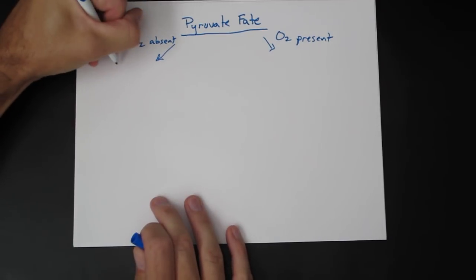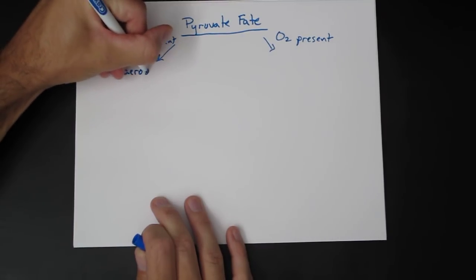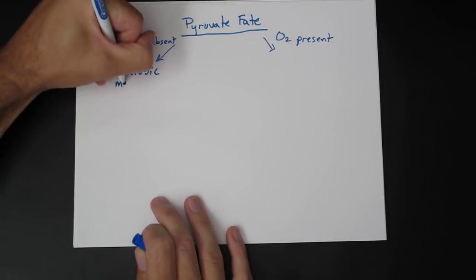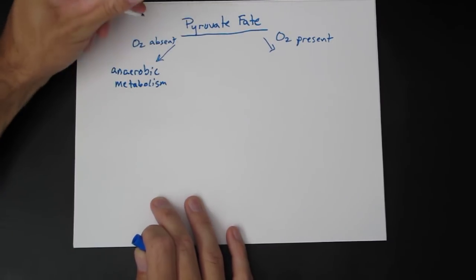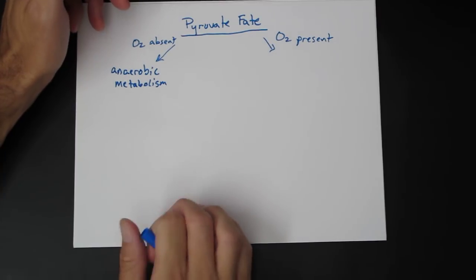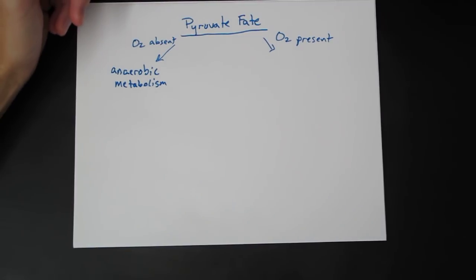All right? So if oxygen is absent, what is going to happen? Well, if oxygen is absent, we're going to enter what we call anaerobic metabolism. This is what happens when we're in trauma, when we're in heavy exercise or something like that. Right?